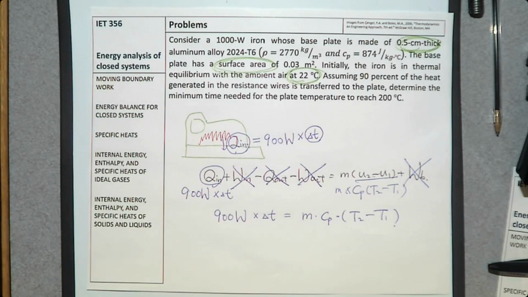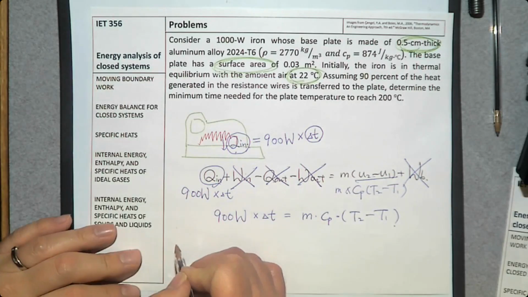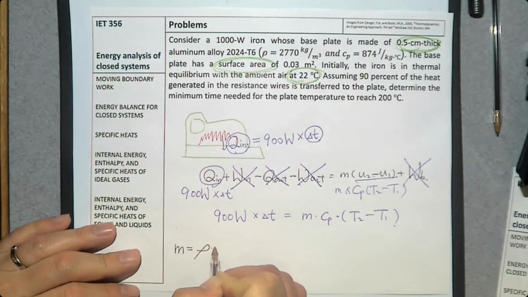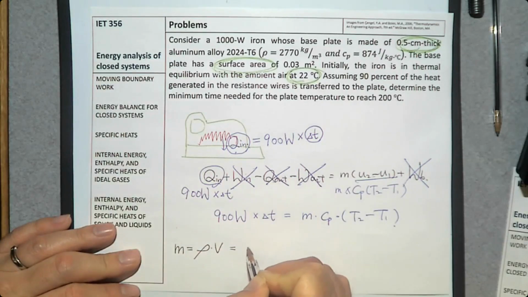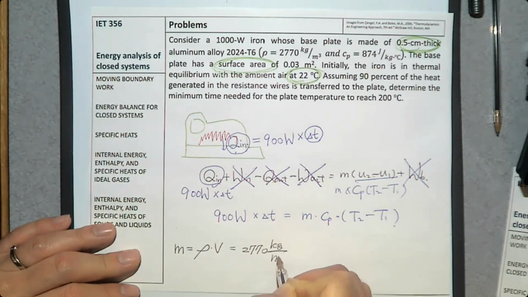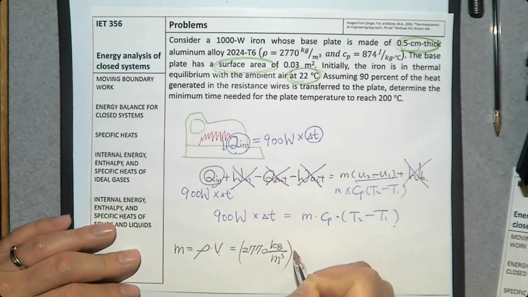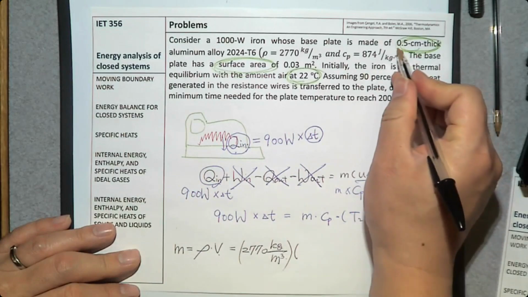Because we have the density of this aluminum alloy, 2770, and we know the thickness and surface area. So the mass is going to be density times volume, and density is 2770 kilogram per cubic meter. How do you determine the volume? Surface area times thickness.